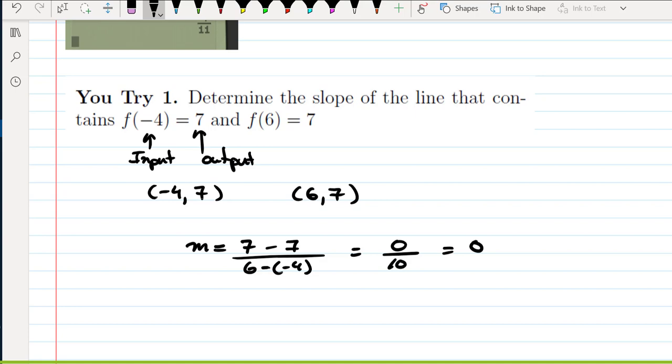We note that if we look at our two outputs, 7 and 7, the change was 0, which is exactly what we had here. Our delta y is 0. The distance between -4 and 6 is 10 units, so that was our change in x as we went from -4 to 6.